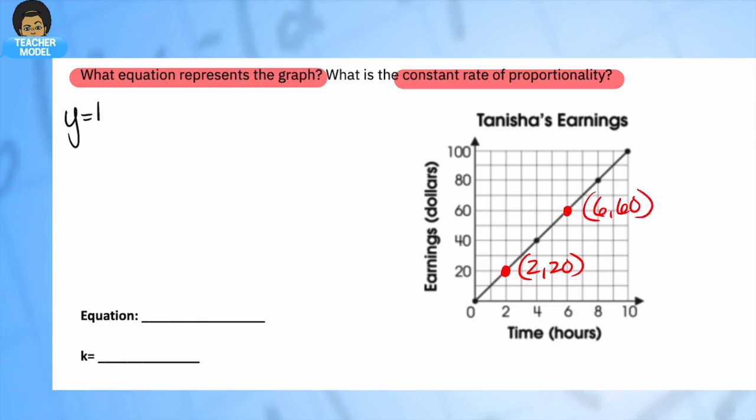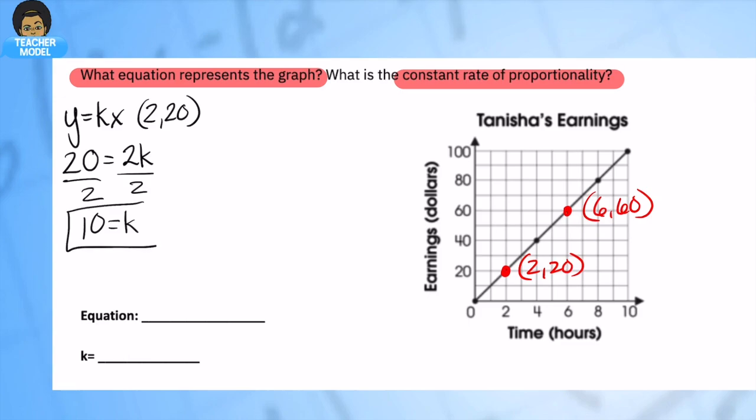So y equals kx. So let's use the ordered pair (2, 20). So 20 is equal to 2 times k. k is equal to 10. We'll do the same thing with the other one. We're going to use (6, 60).